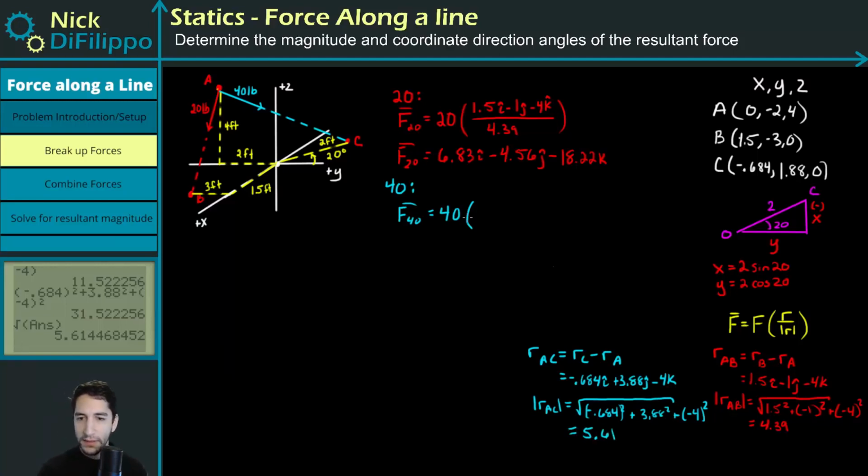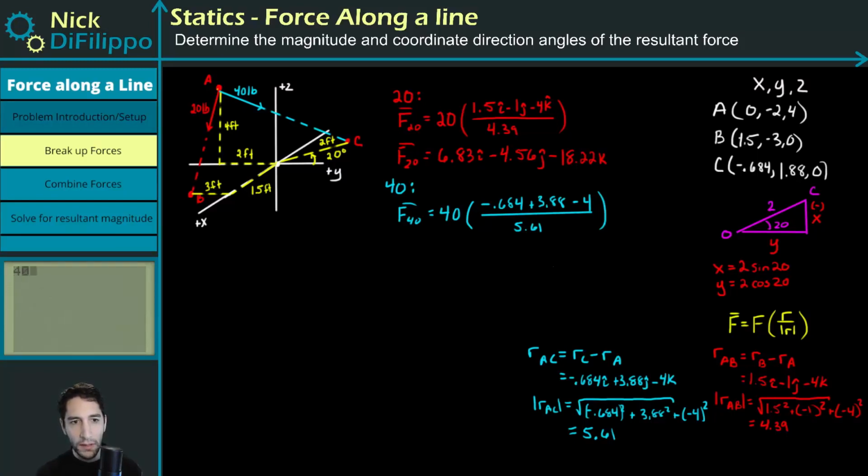So we can write this same expression. So 40 times minus 0.684, plus 3.88, minus 4, divided by 5.61. Evaluate this just a little bit, simplify this out, calculate this out.